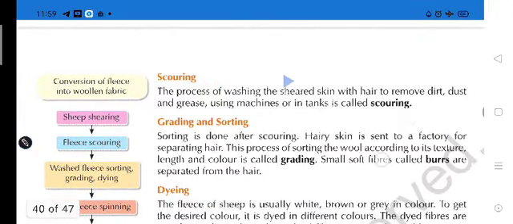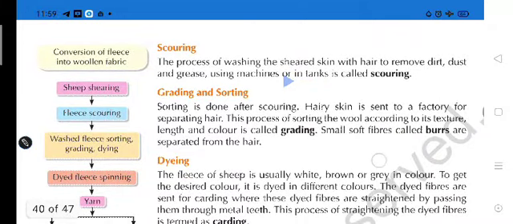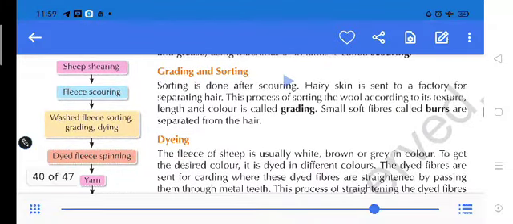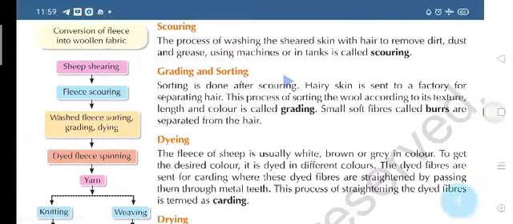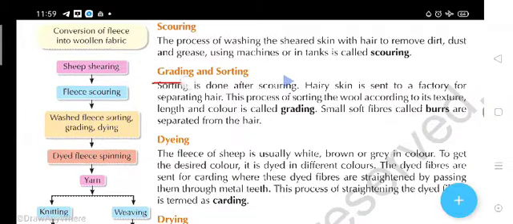After the scouring, which process should be there? The process should be grading and sorting. Students, sorting is done after scouring. Hairy skin is sent to a factory for separating the hairs, and this process of sorting the wool according to its texture, length and color is called grading.